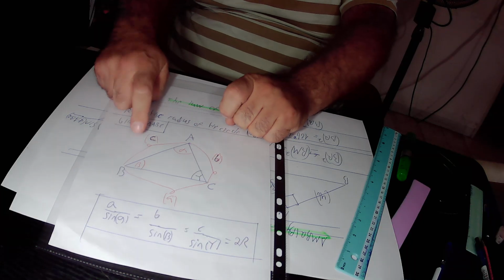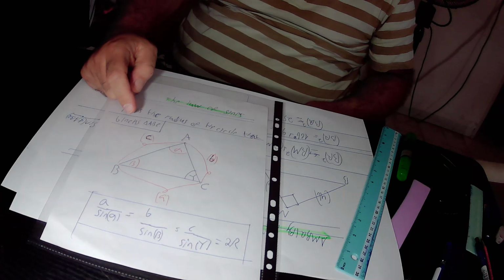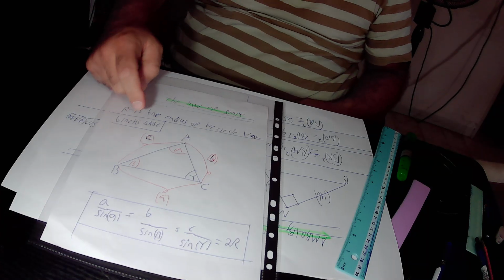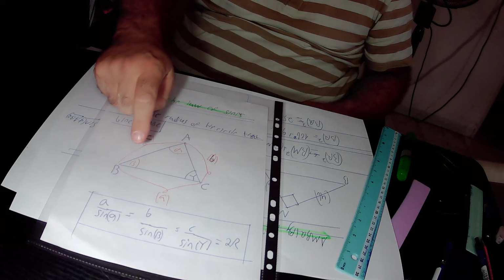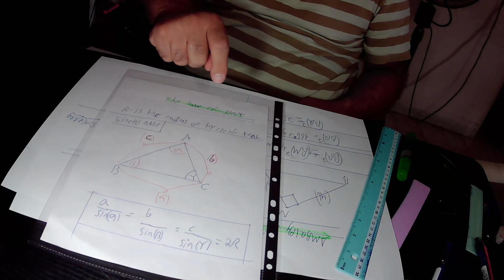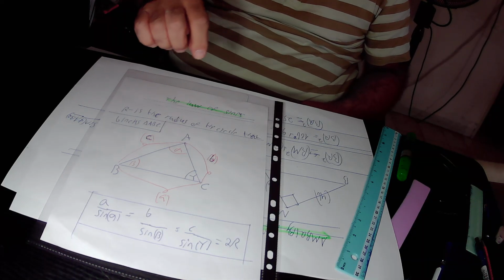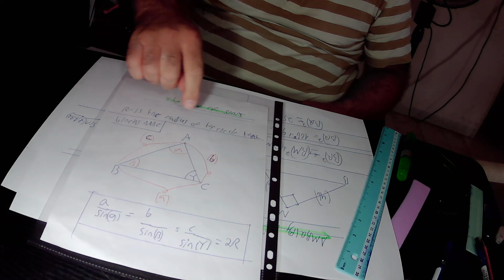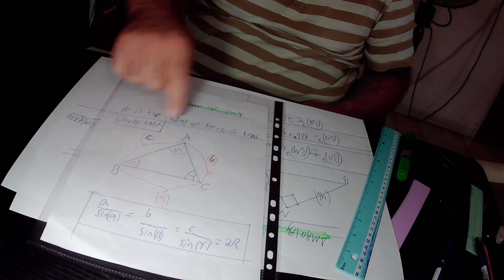This is angle alpha, this is angle beta, and this is angle gamma. According to the law of sines, the following equation is true. A over sine alpha equals B over sine beta equals C over sine gamma equals 2R. And 2R is the diameter of the circle that circumscribes this triangle ABC.